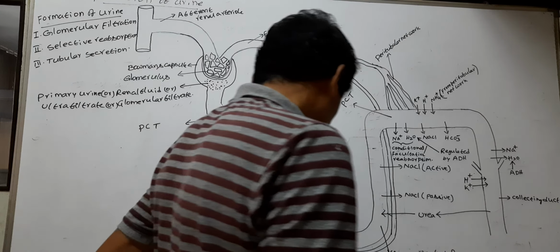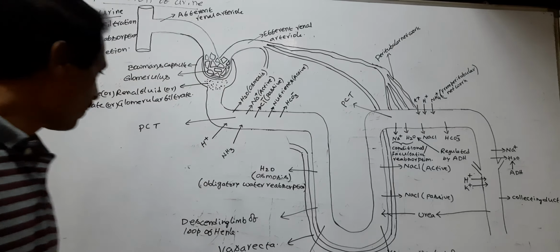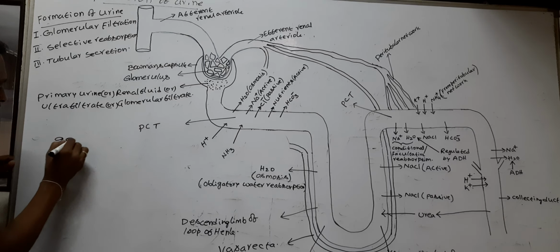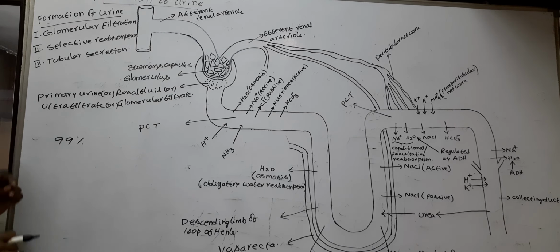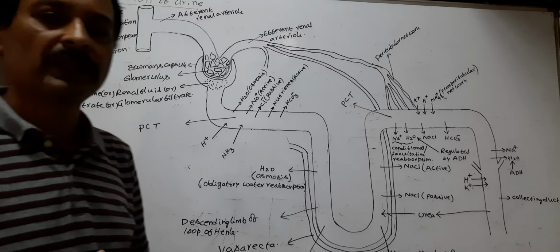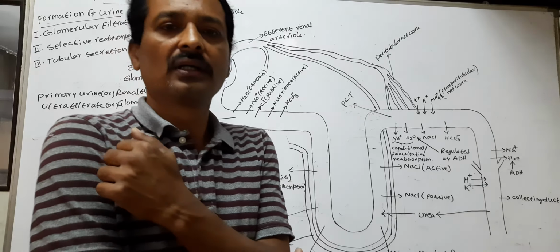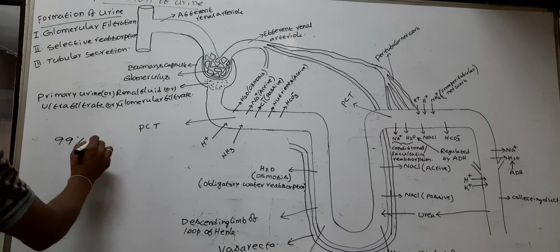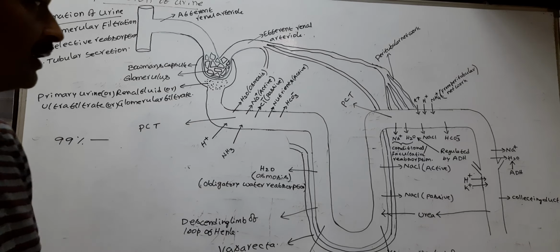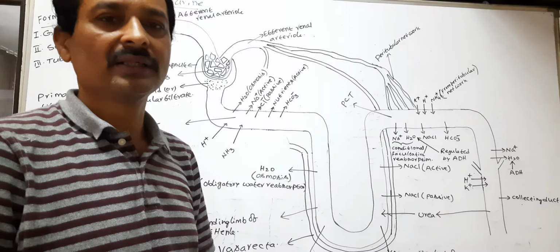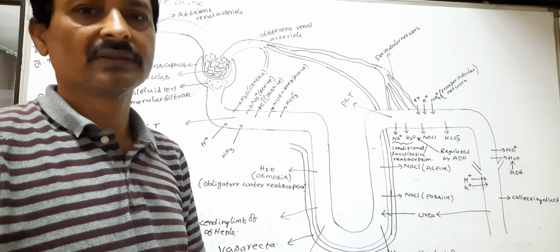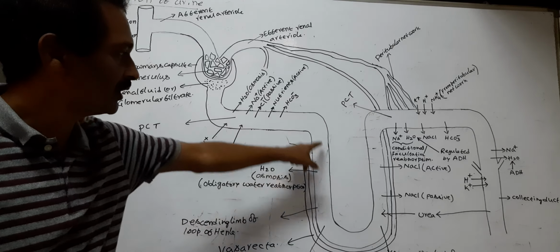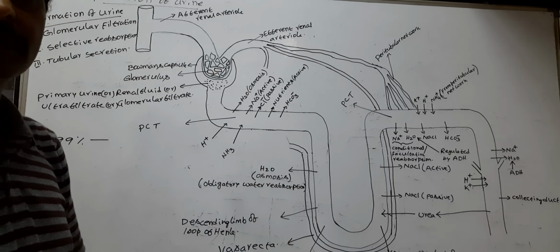So 99% of the contents of primary urine is reabsorbed by different parts of the nephron while the primary urine passes through the different parts of the nephron.